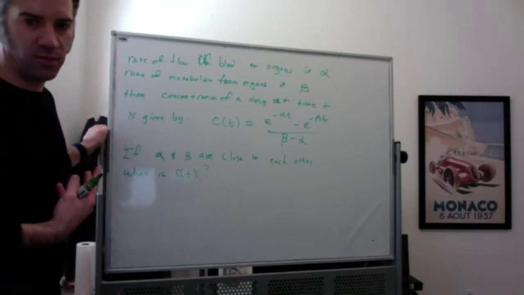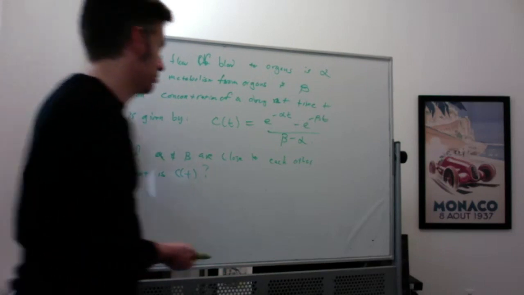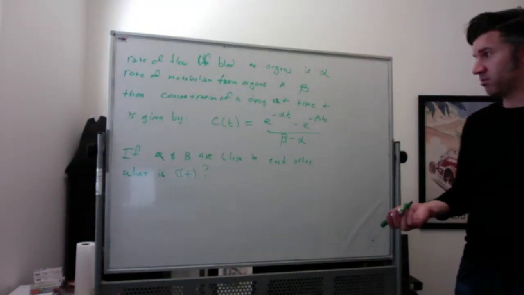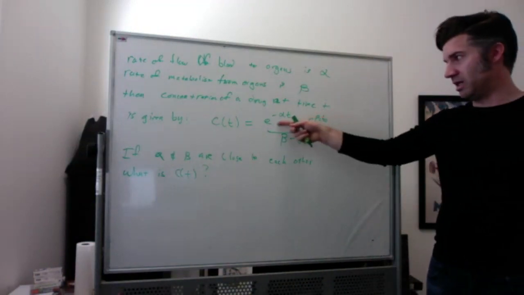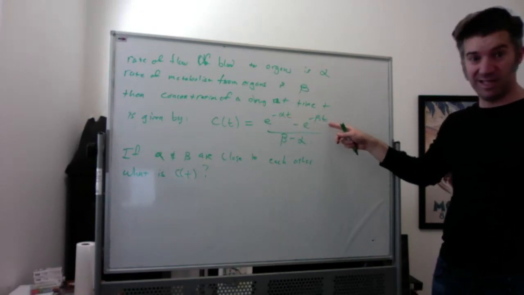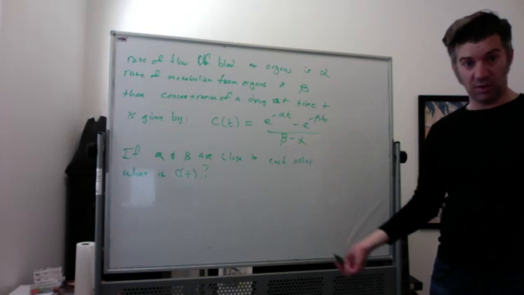So this is a kind of roundabout way of asking you a limit question. Because if you just say beta and alpha are equal to each other, you get e to the negative alpha t minus e to the negative alpha t over alpha minus alpha. That's going to be a 0 over 0.